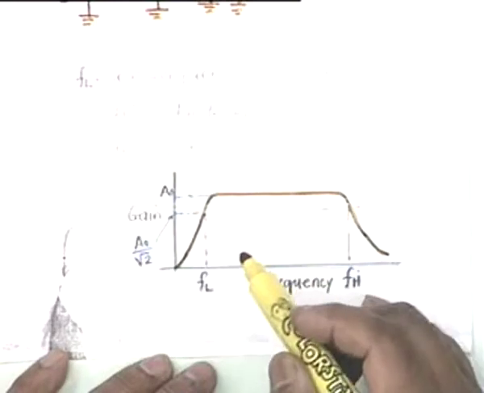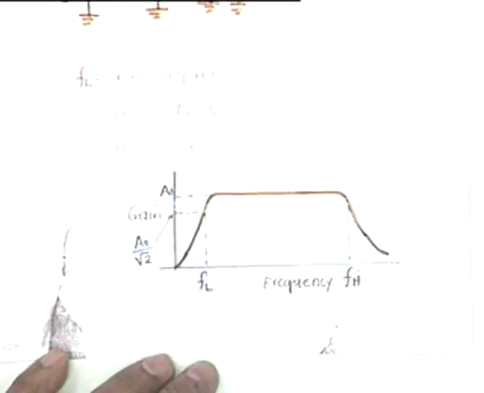That is C pi, C mu and C naught, or for an FET, CGD, CGS and CDS, the three capacitances of an FET. Now, as far as FL is concerned, the low frequency 3 dB point, as you know, is determined by all these three capacitances together. All right. But the usual design that we do is two of them we make very high, and one of them is used to control the FL.